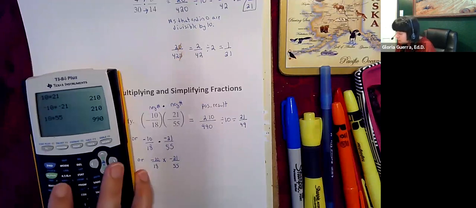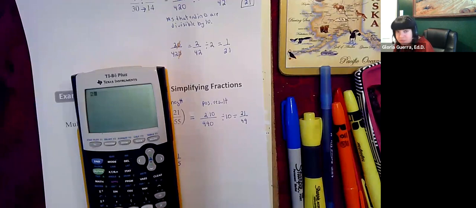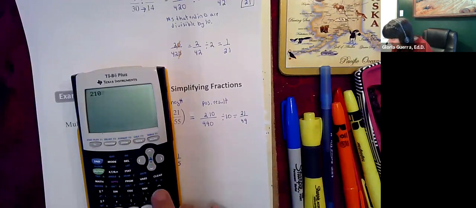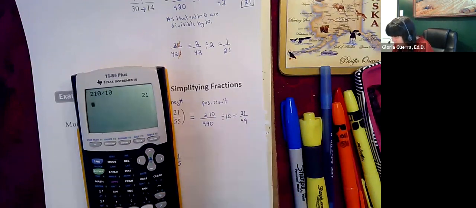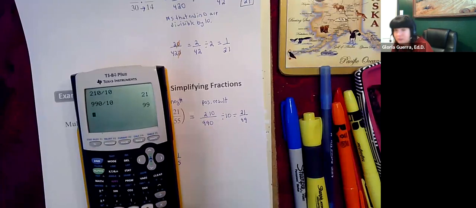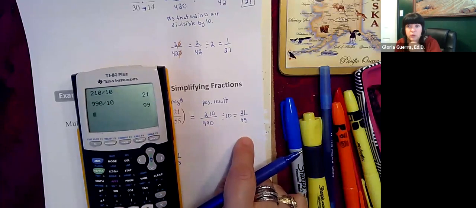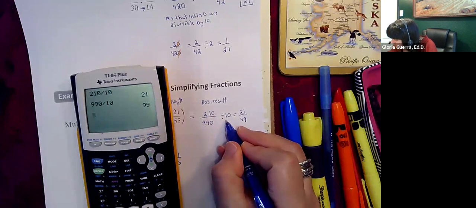Let's double check that. 210 divided by 10 gives me 21. 990 divided by 10 is 99. Yeah, so that checks out. So I'm reducing by the greatest common divisor here.